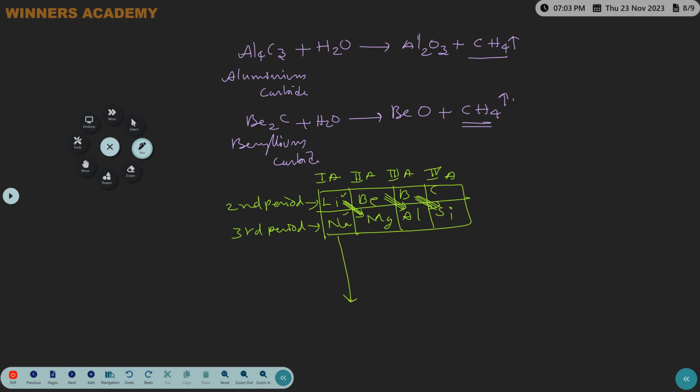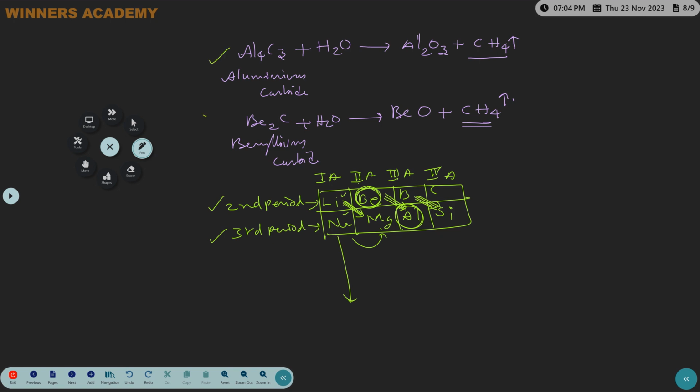It means the element present in the second period resembles the element present in the next higher group. Means 1A group element resembles the 2A, 2A group element resembles the 3A, 3A group element resembles the 4A group element. Next higher group, next period. Like that. So that is why beryllium and aluminium show similar properties.